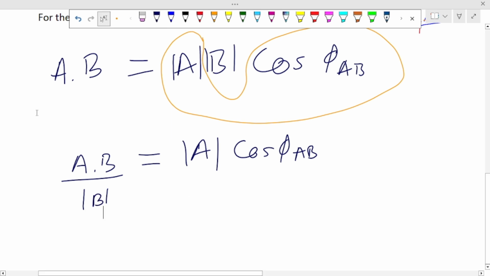So this is the magnitude of the projection of A onto B.